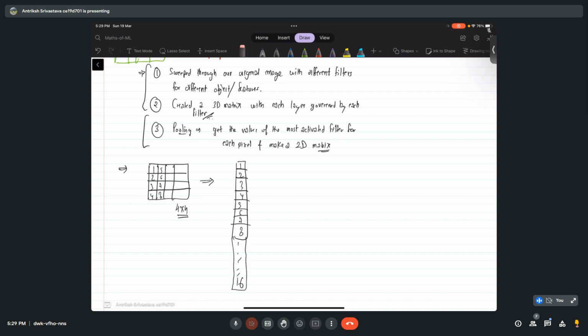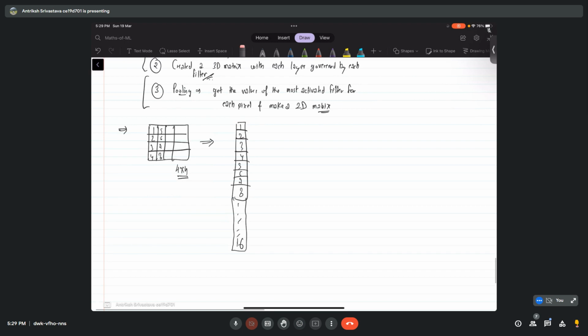Now this looks familiar, doesn't it? What another way can we represent this? We can represent it like this, with the values 1, 2, 3, up to 16.